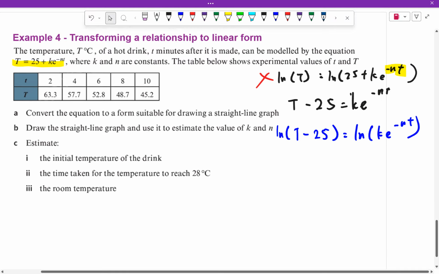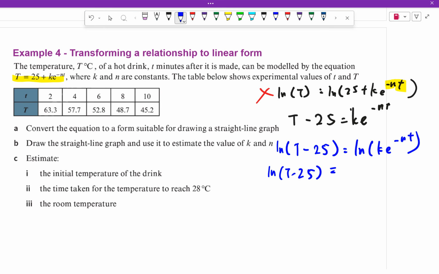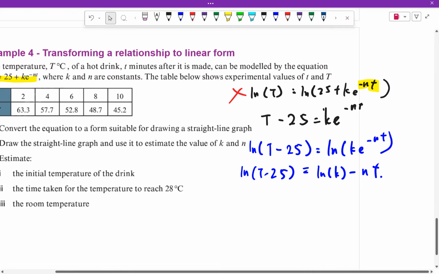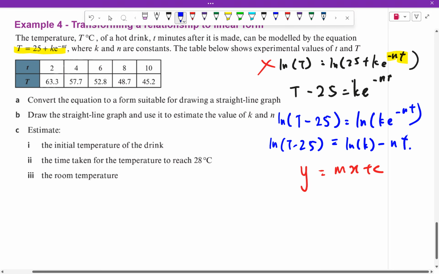So then I can turn my ln of t minus 25 into ln of k plus negative nt. Done. But again, let's rearrange to y equals mx plus c. So y becomes the entire ln of t minus 25.